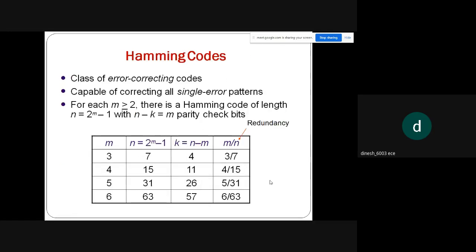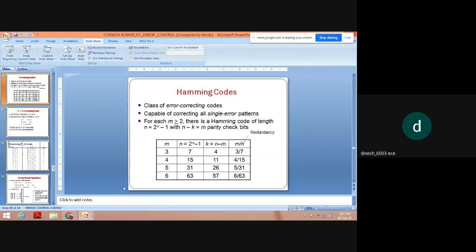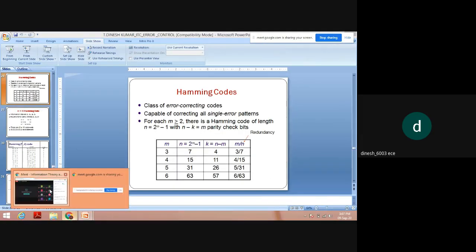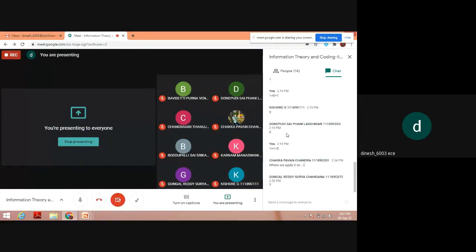I'll give you 2 or 3 minutes to check whether these are correct. Let me check any questions in the chat box meanwhile. Yes, somebody said 7. Yes, it's correct, 7.